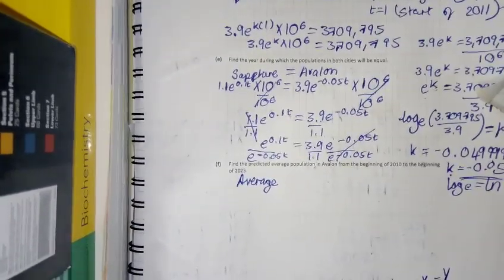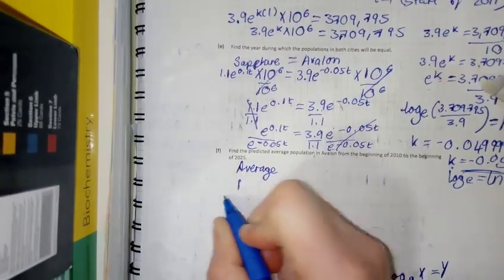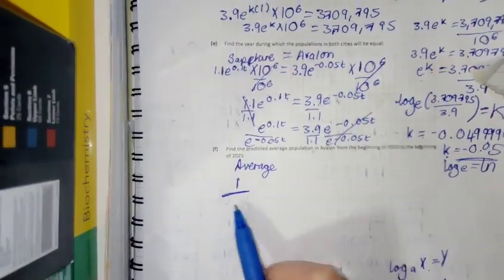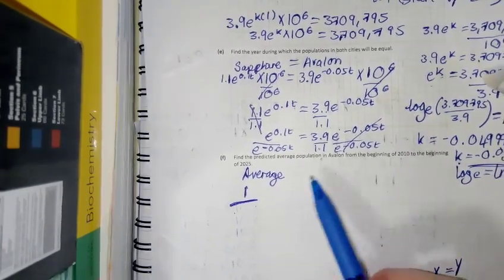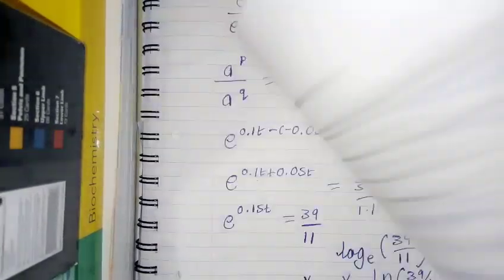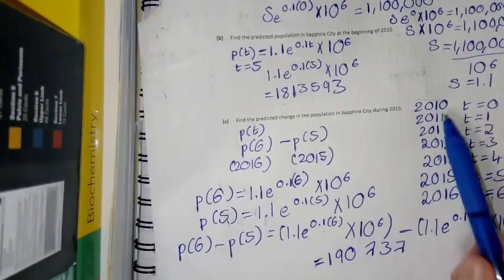So our formula, we have the amount of time, from the beginning of 2010 to the beginning of 2025.